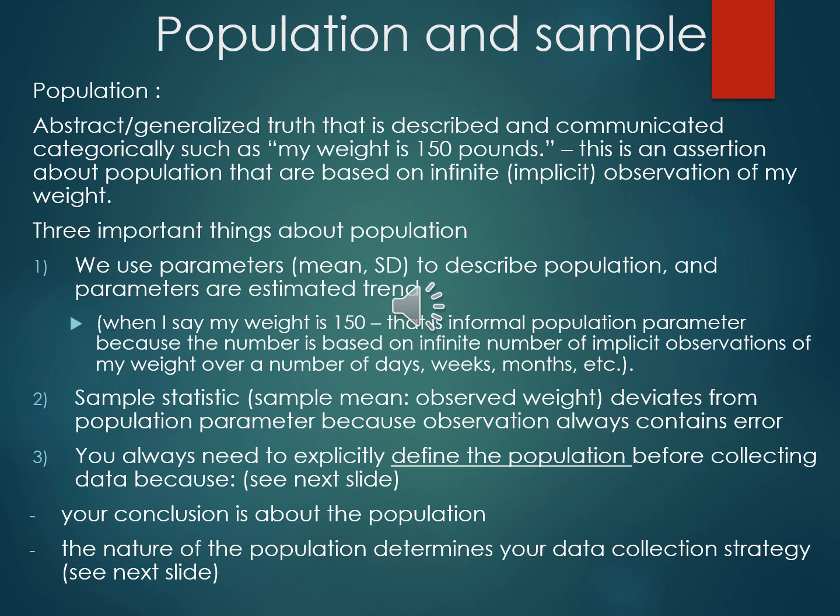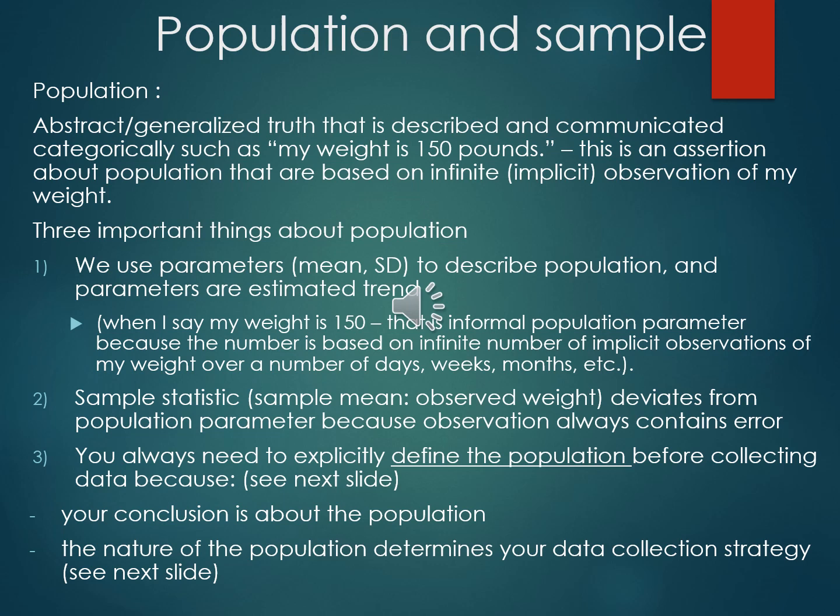But nonetheless, our communication needs that we describe it in categorical ways, such as it's 150. Therefore, the population should be understood as a model or simplified categorically described truth, which is based on a large set of data.